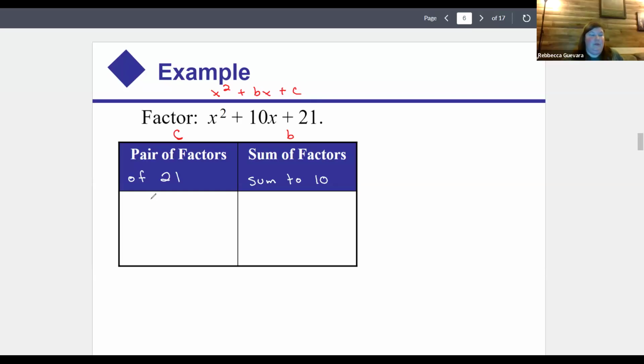Looking at 21, we know some factors: we've got 1 and 21, and we've got 3 and 7.